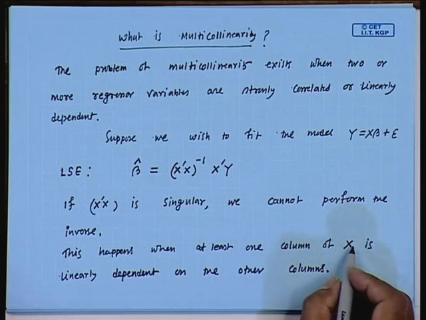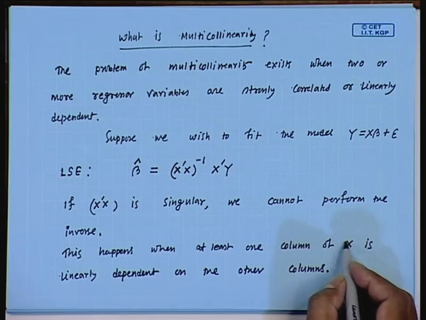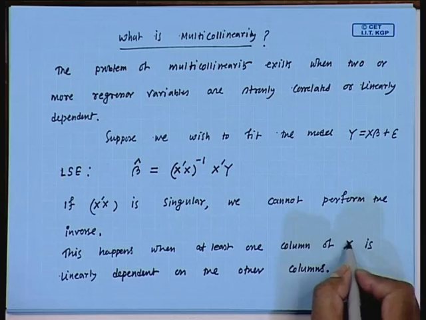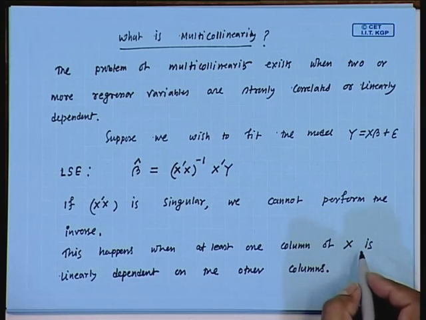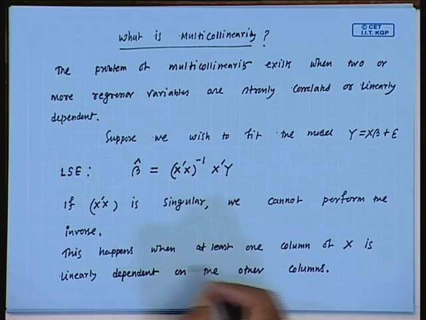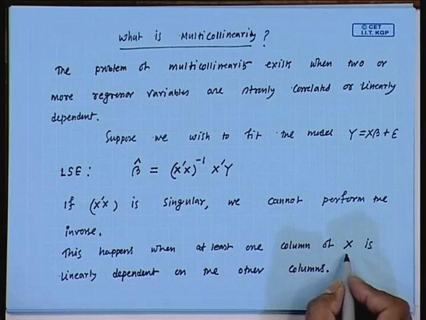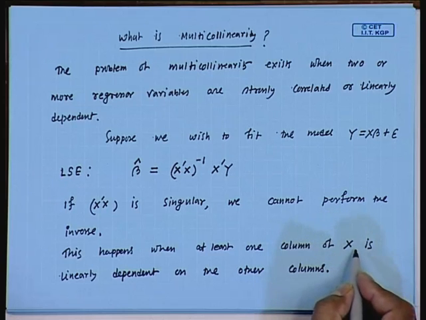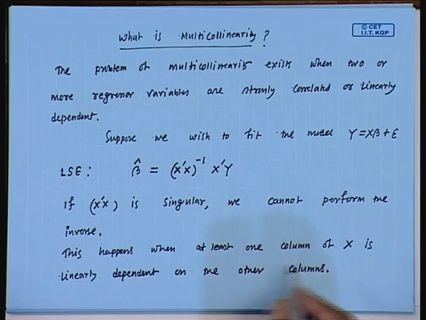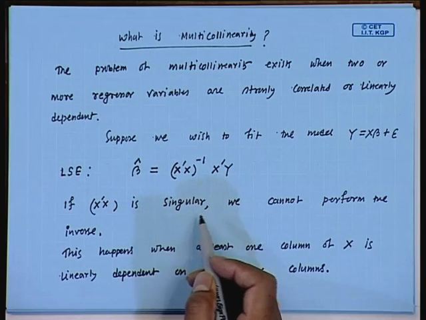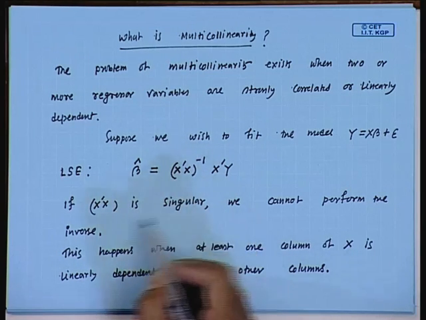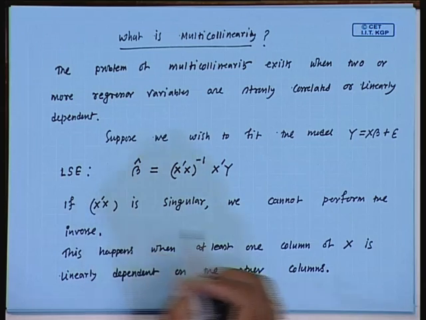So, that means the ith column of this matrix X stands for the ith regressor variable. So, the meaning of this one is that if one regressor is linearly dependent on the other regressors, then X prime X is singular, and we can't compute the inverse of the X prime X matrix.